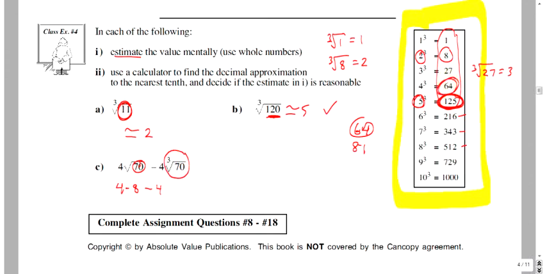The cubed root of 64 is 4, so that's like 4 times 4. 4 times 8, 32. 4 times 4, 16. This equals, well not equals, it's kind of close to 16.